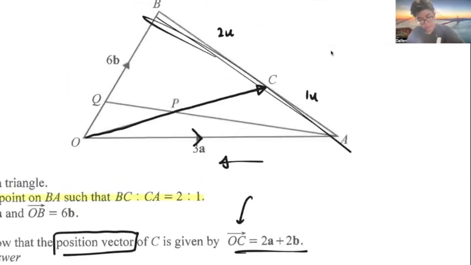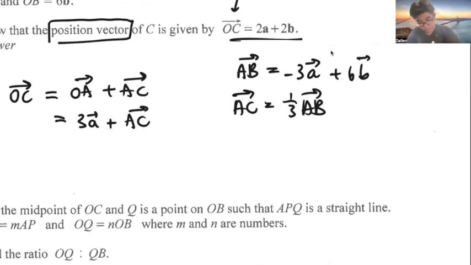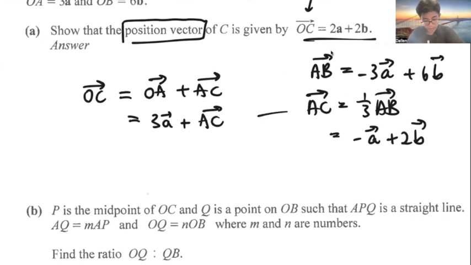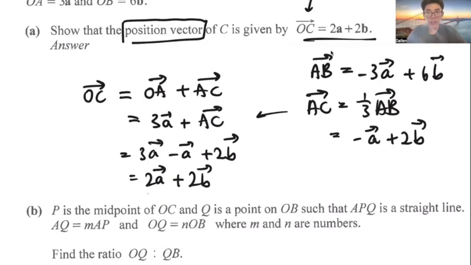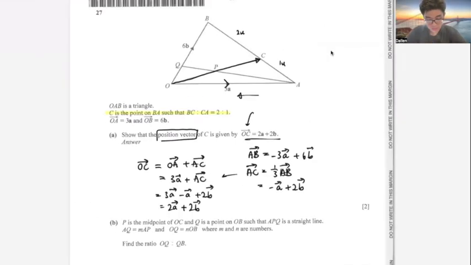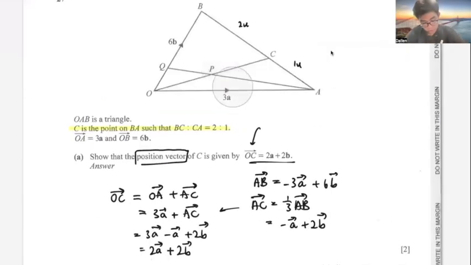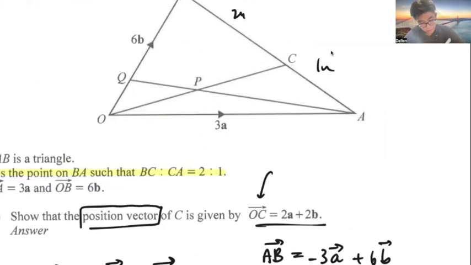Because this is 3 units, this is 1 unit. So AC equals minus A plus 2B. So all we do is sub this into here, and you realize we get the desired answer. So this is part A. Let me erase all this. That's right, this is 2A plus 2B.